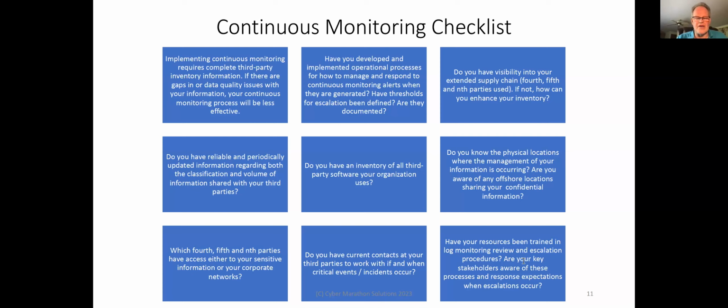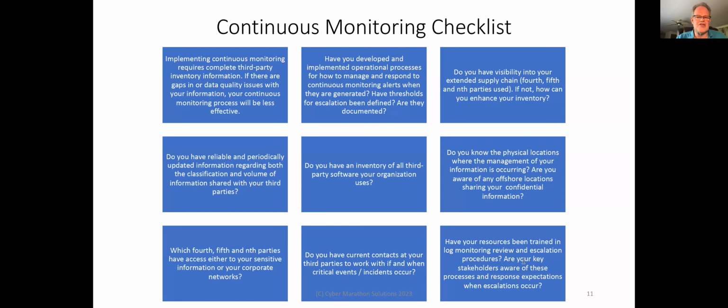Another important aspect, which has only been highlighted heavily over the last year, is the risk that comes from operating third-party software. Think Log4j, think SolarWinds. There are many examples of this, but the issue there is sometimes when an incident occurs or there's disclosure of a vulnerability, what happens is you have no way to know whether your organization or any of your third parties are exposed to that.